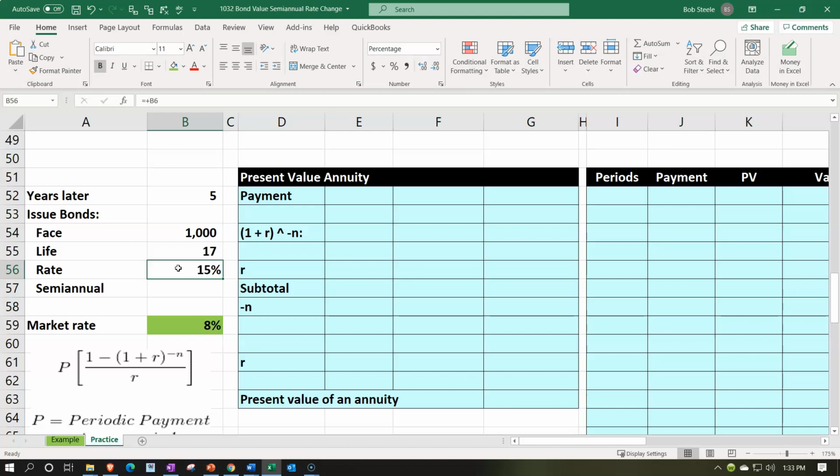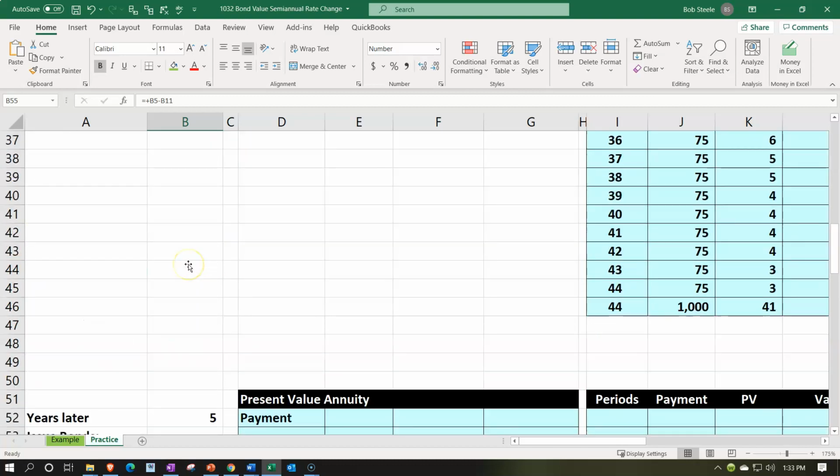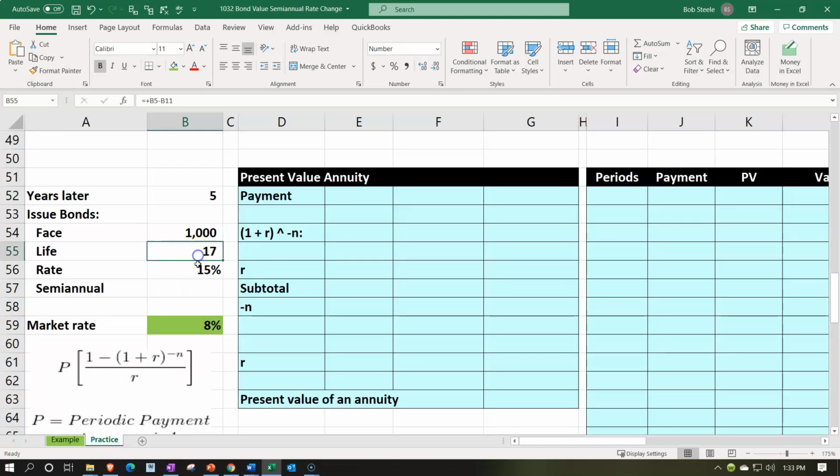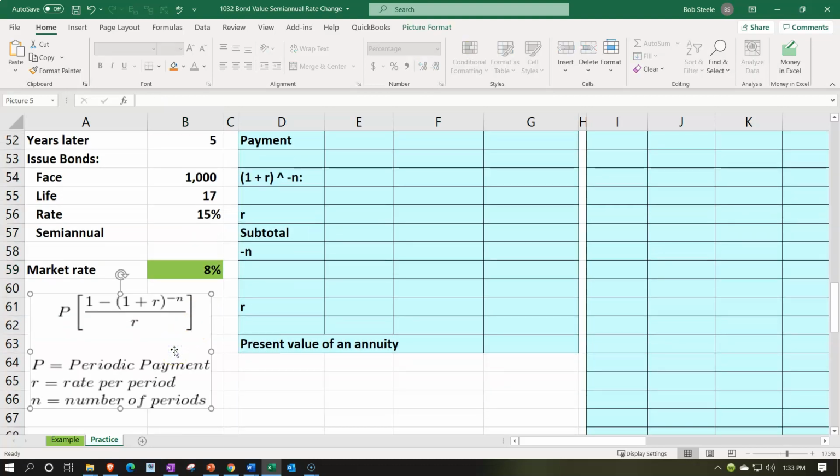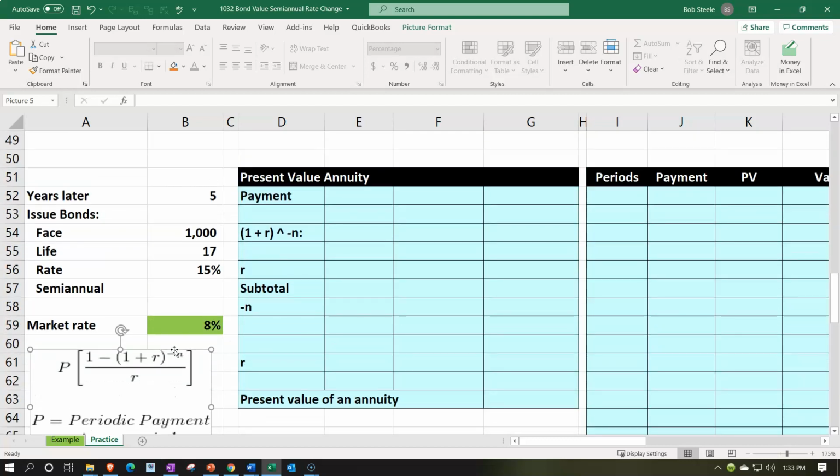So let's do the same thing now, but the life is now 17 because it started at 22 minus the 5 years that had passed, and then the rate on the bond is still 15, but now the market rate is 8 here. So let's do the present value of the annuity, which is P times 1 minus 1 plus R to the negative N over R. P is the same.